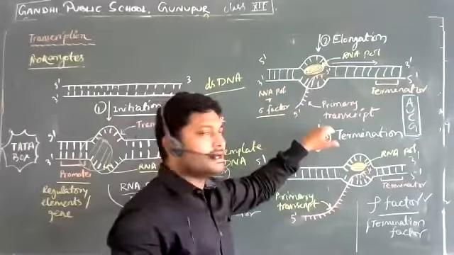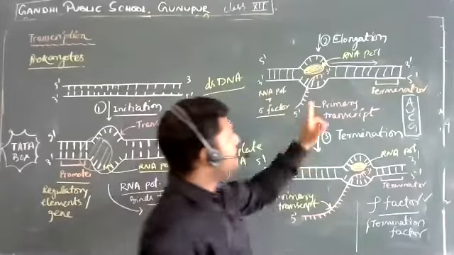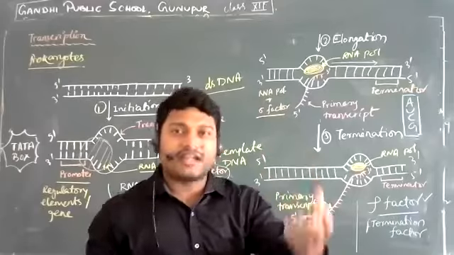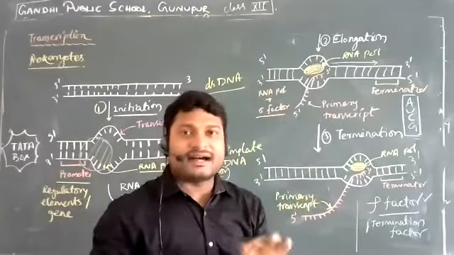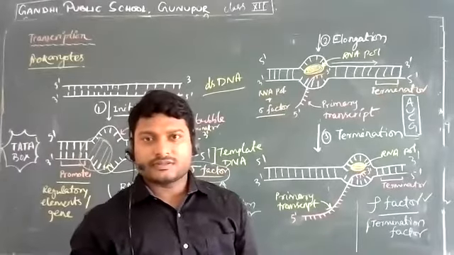That is why instead of calling it mRNA or mature mRNA, we call it the primary transcript. The process of transcription gives a transcript, and because it is the first one, it is named the primary transcript. Clear, Ashutosh? Yes, sir.